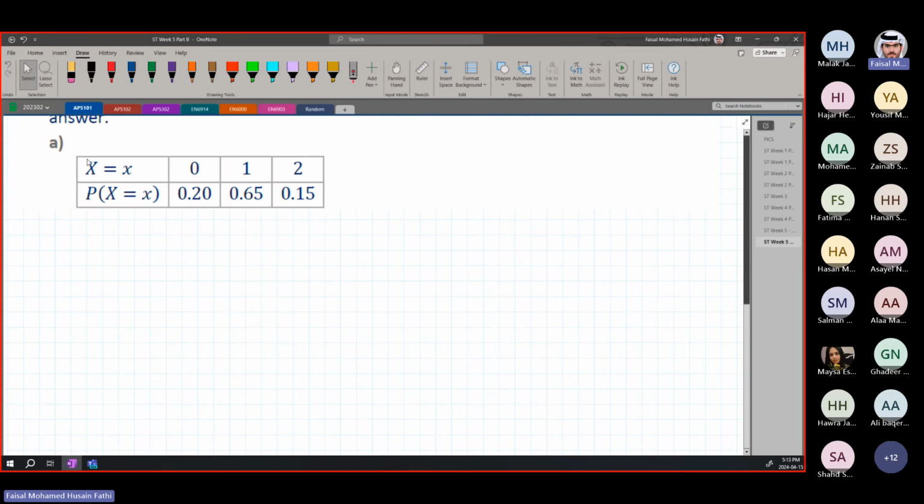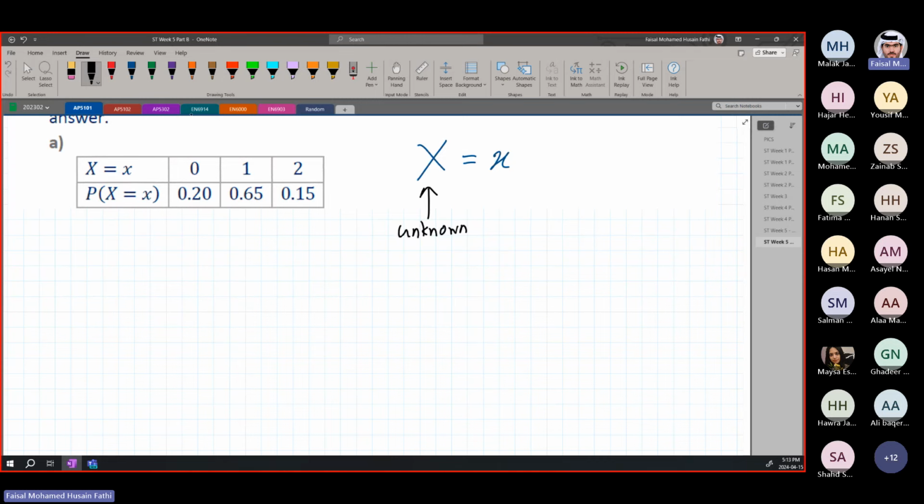So we are given this format, large X is equal to small x. What does this mean? This basically means that this X is your unknown variable. Yani, you don't know what the value is exactly, all right? Your unknown variable, which is a discrete variable, your unknown discrete variable. And this small x is the actual value.